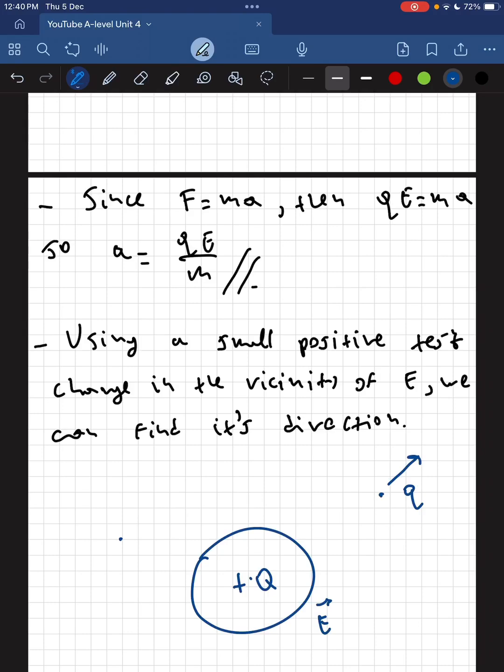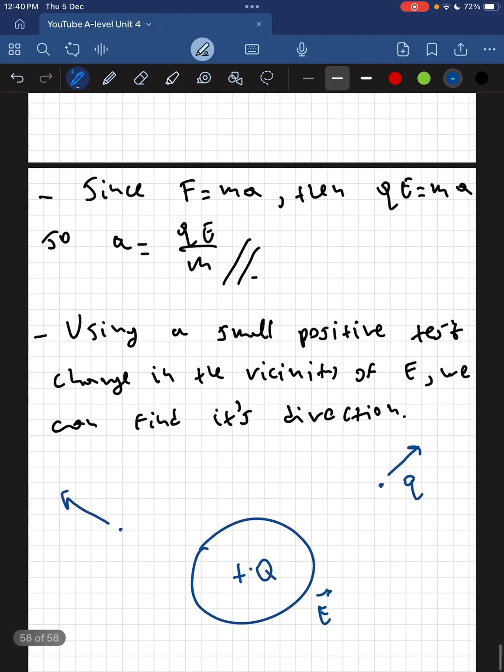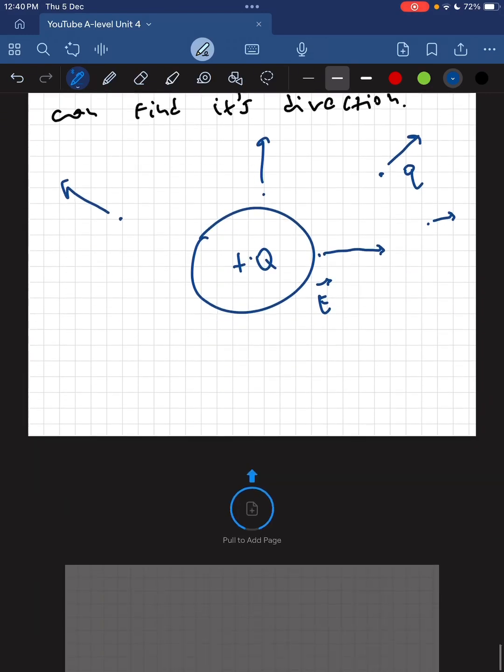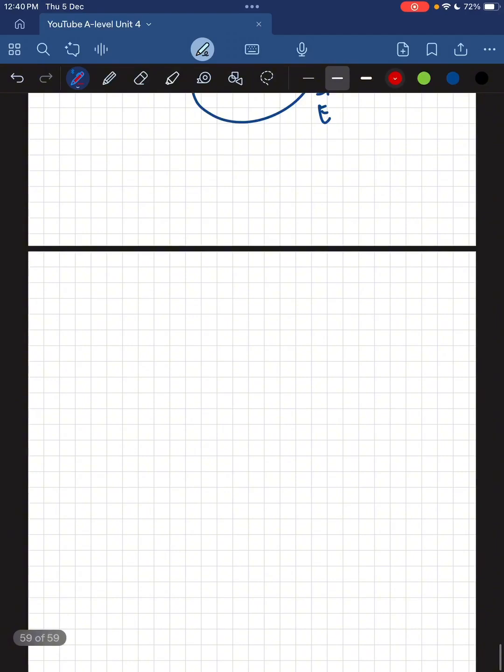If I move my test charge here, it's going to be pushed out like that. If I put my test charge there, it's going to be pushed out like that. By the way, the force is going to be stronger near the charge and weaker away from the big charge Q. So, let's do one more thing before we move on.